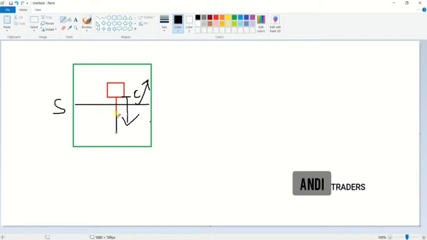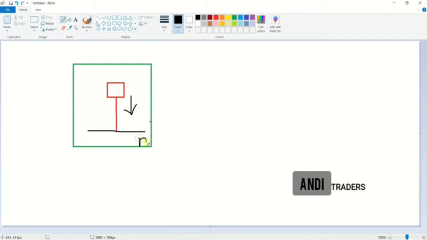Why? Because we already see a strong rejection from buyers, and here we have a support level, so the market will go up. But if we don't have any support level near here, we can go with sellers.